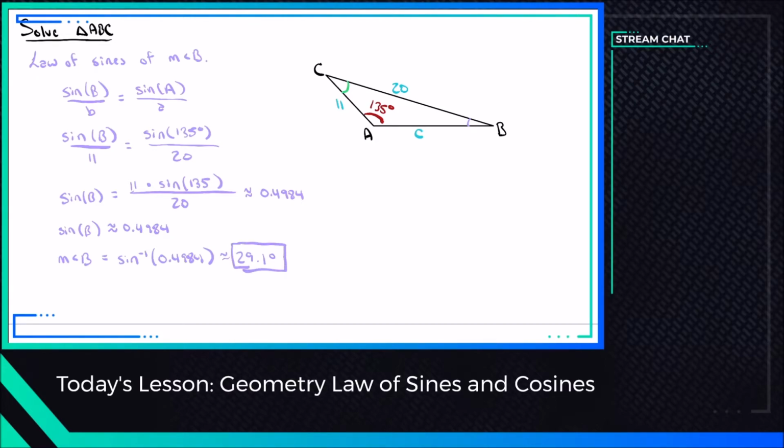And now it's rather straightforward to find the measurement of angle C. The measurement of angle C is going to equal 180 degrees minus 135 degrees minus 29.1 degrees, and that is equal to 35.1 degrees.